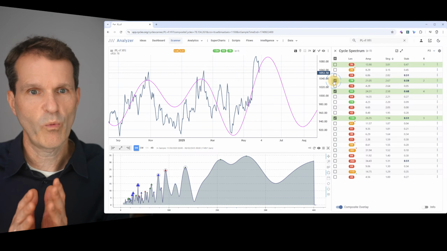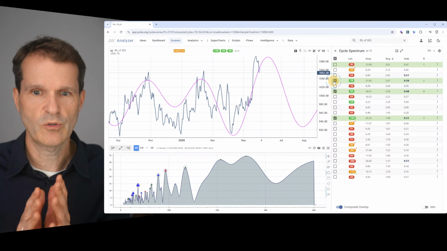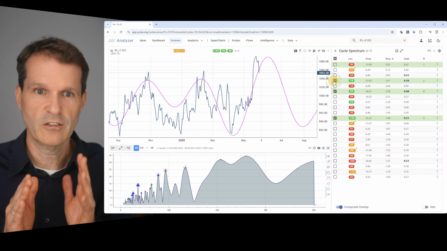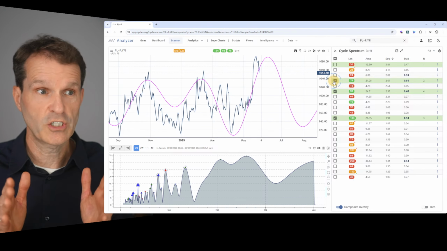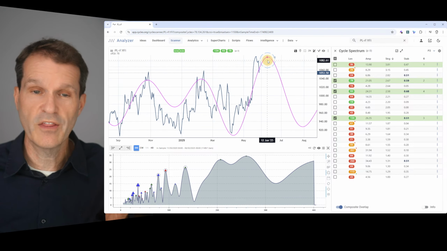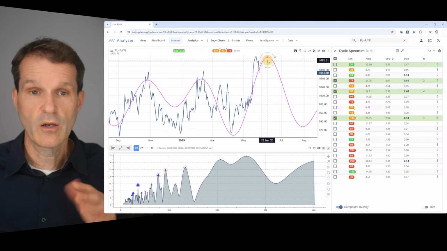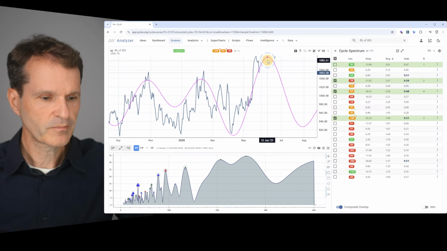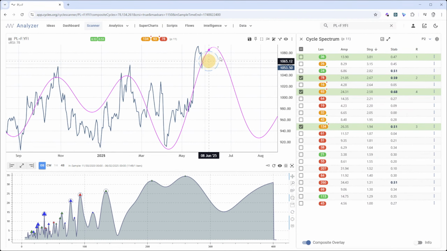Now, looking where those cycles are in the current situation is even more interesting, because all project the topping projection occurring close to within the next 2-3 weeks, which is even more interesting if we build that composite. So that's why also that topping window here really stands out.